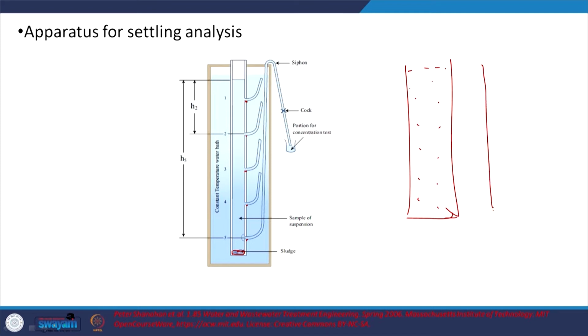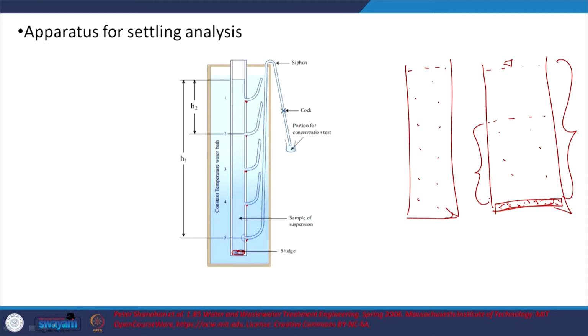Let's say after some time in the column, now it's at this height, the water is relatively more clear here, and here I have particles, and here most of it has settled down. So when I calculate the concentration of solids in this system, I assume that whatever has settled down is removed from the system, and I only consider the mass of the particles that is out here. That's something to keep in mind.